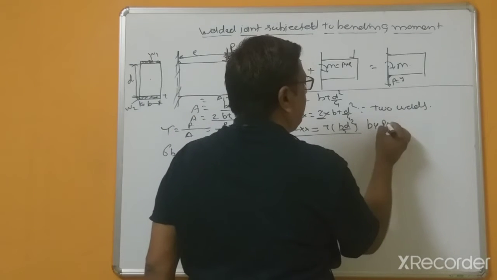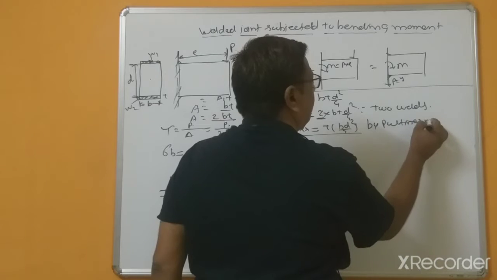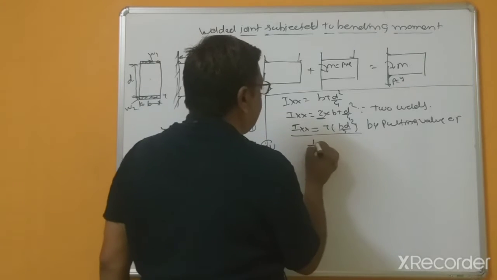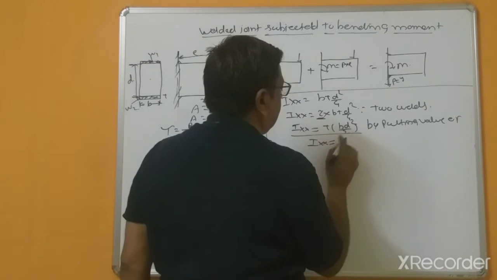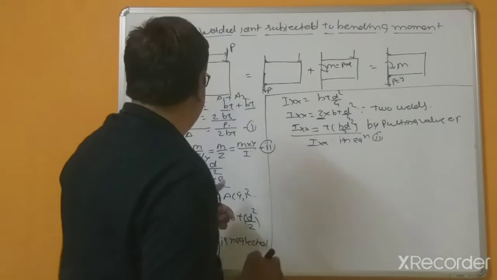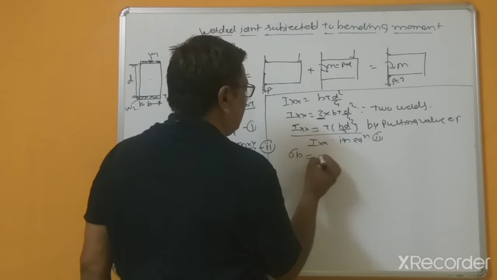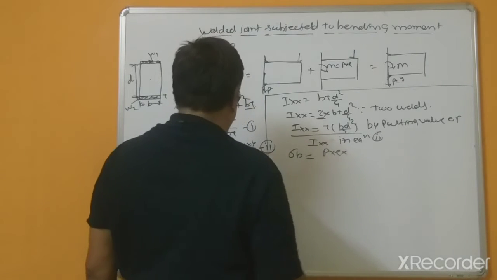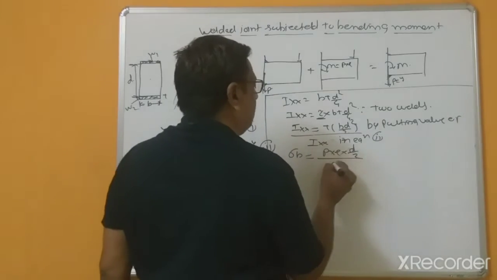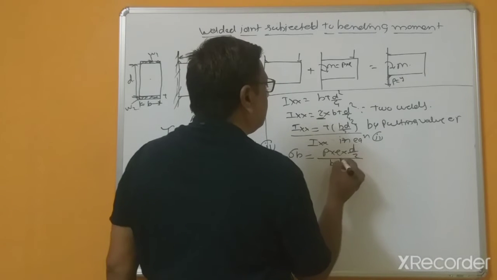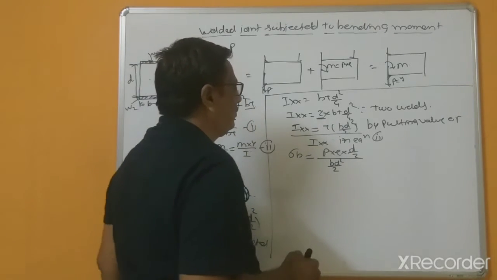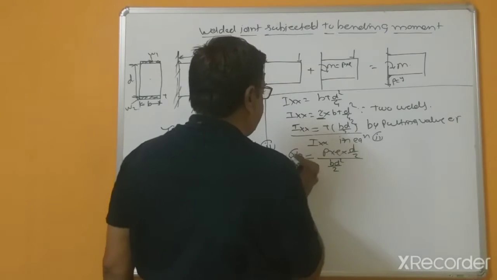By putting the value of moment of inertia Ix in the second equation, bending stress equals P into E, y equal to d by 2, divided by bd squared divided by 2. Right? So this is the bending stress.